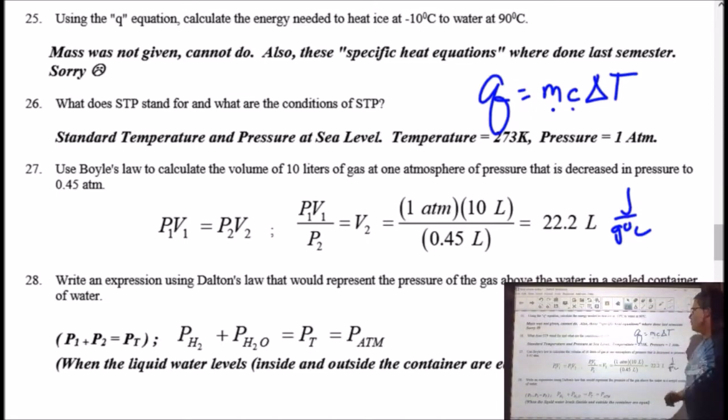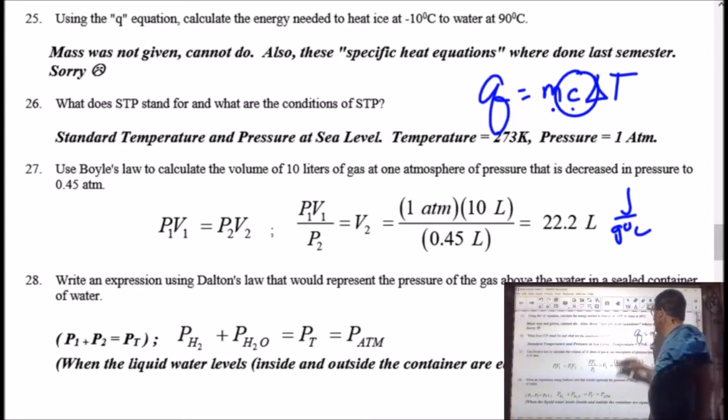So again, I apologize, I did not give you a mass. I would normally give you the specific heat value, which is 4.184 joules per gram degree Celsius, but I let you guys down on that one. I apologize.